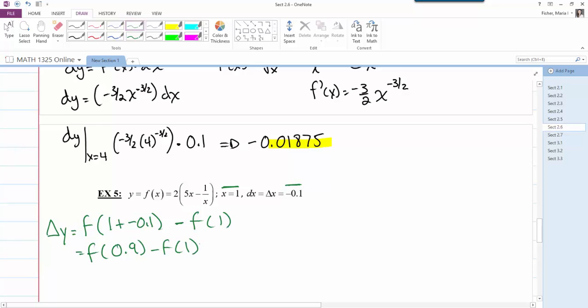So I need to figure out what are all those values. So f of 0.9 is going to be 2 times 5 times 0.9 minus 1 over 0.9. Because again, we're just going to plug in 0.9 for all the x's in my given function.